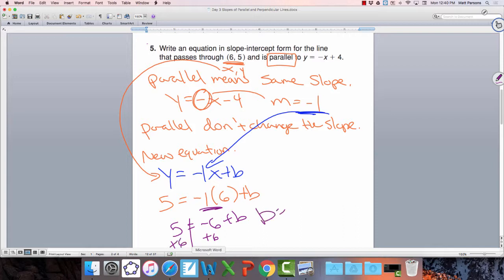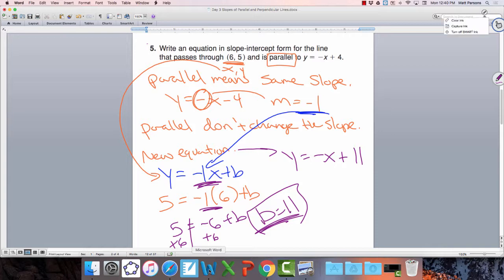So my b equals 11. So my new equation turns out to be y equals negative x plus 11. So this is my new y-intercept, and this is my slope, because my slope has not changed.